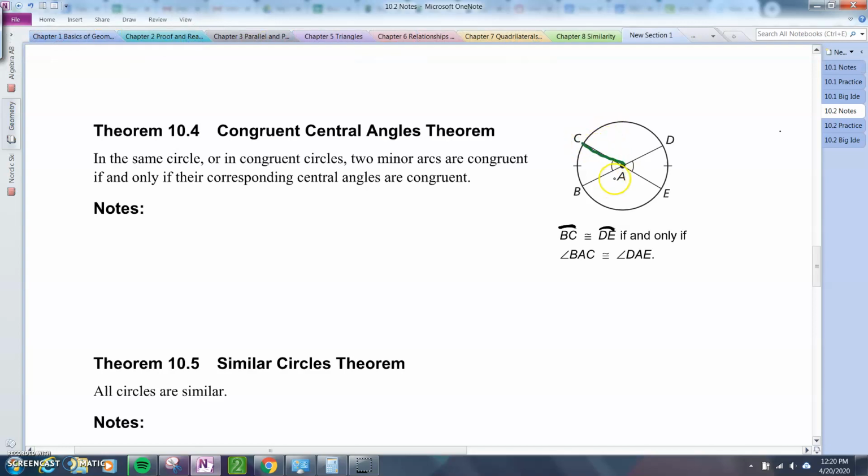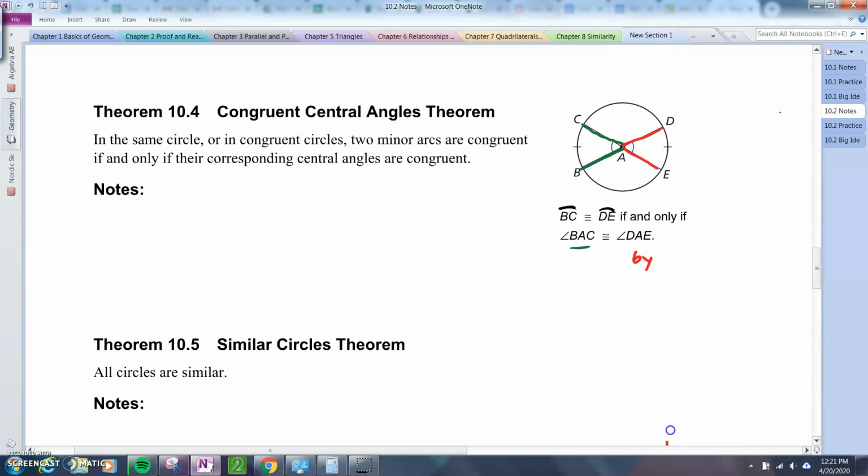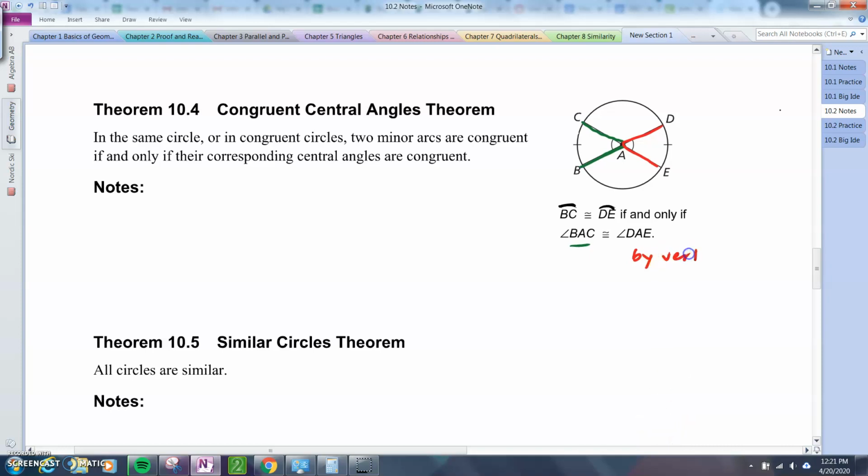So angle BAC here is clearly congruent to angle DAE here by vertical angles. So it would make sense that their arcs, therefore, are also congruent. We'll see how that works. You'll be able to tell in a few examples.